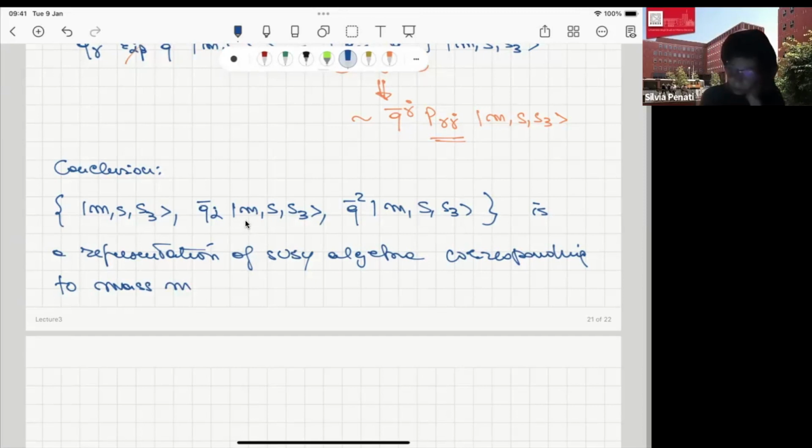So this is a representation of SUSY algebra with mass M and spin of the lowest component equal to S.